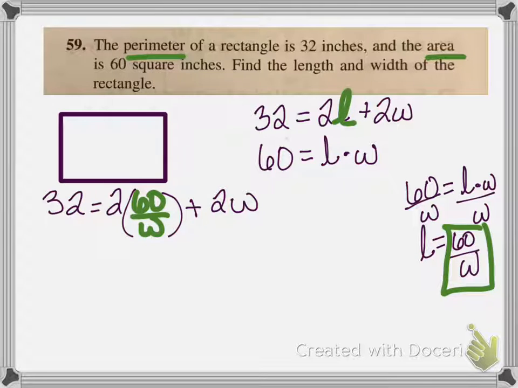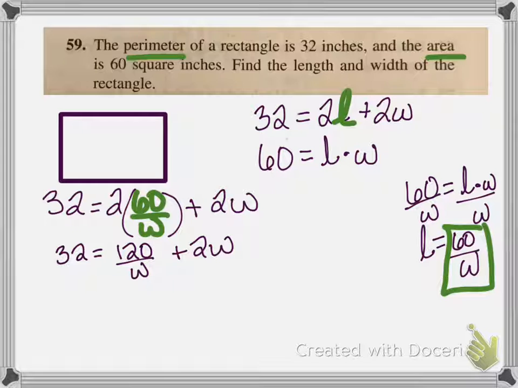Now what I have is an equation with only one unknown. I don't have an L and a W anymore. I just have a W. Now, I'm going to go ahead and multiply this 2 times the 60 just so I can get rid of it. So I'm going to have 32 equals 120 over W plus 2W.